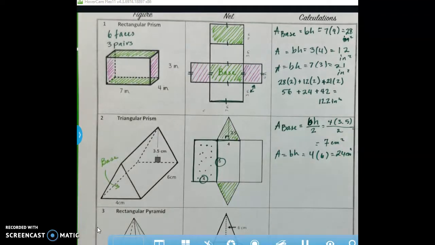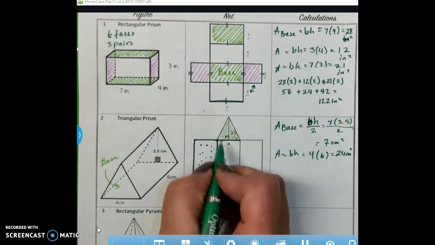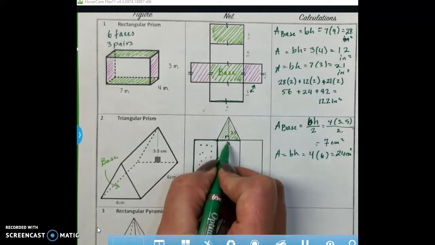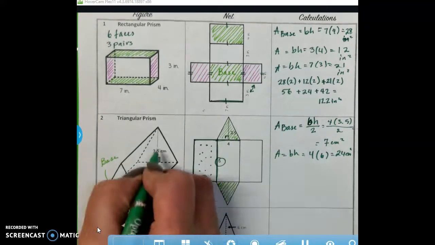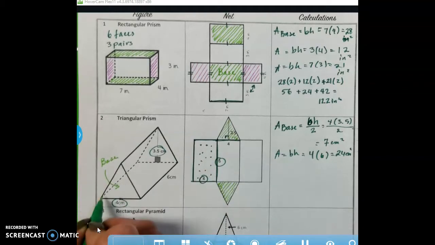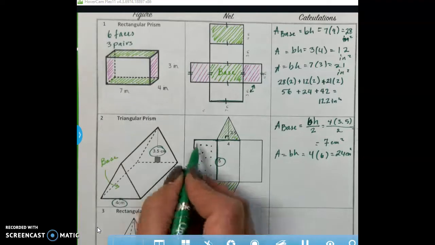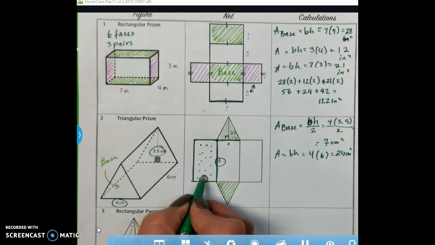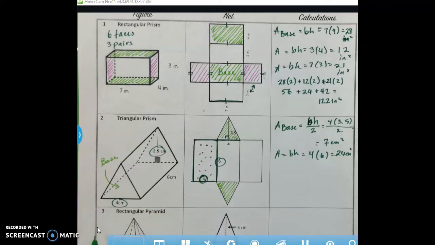However, when we look further into our shape, let's investigate, because it seems like we don't really have lots of other measurements. This measure and this measure are in a triangle. Nothing else is labeled on your triangular prism. But in the net, we are again seeing the measurement of 4.